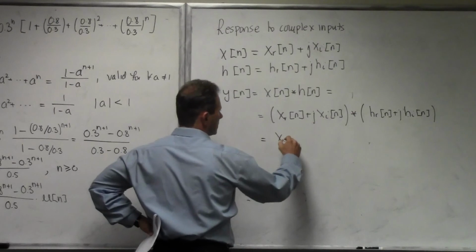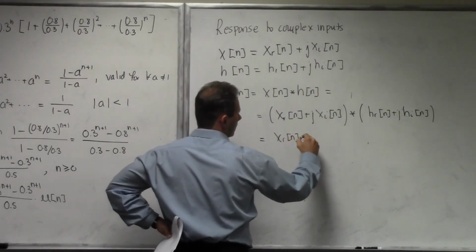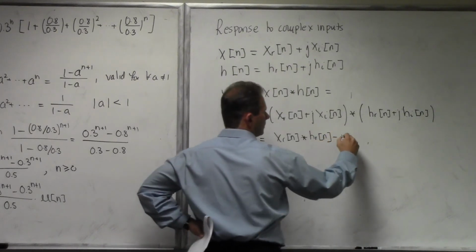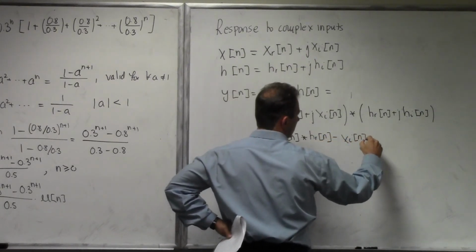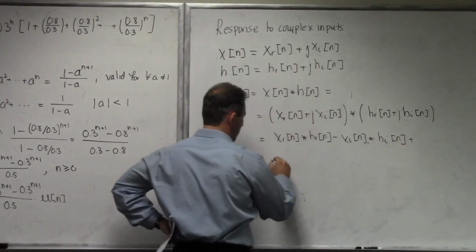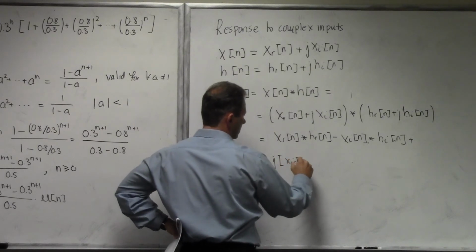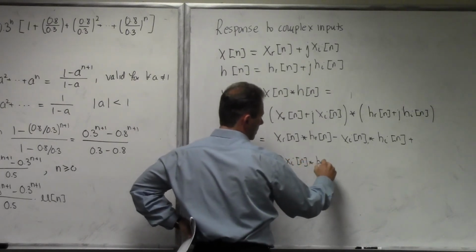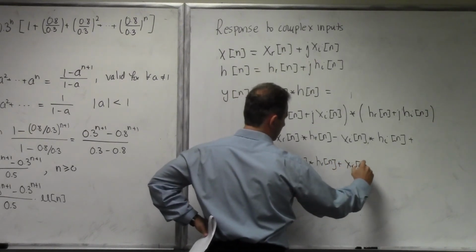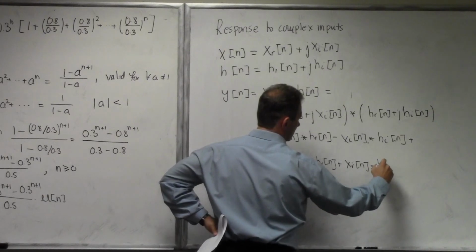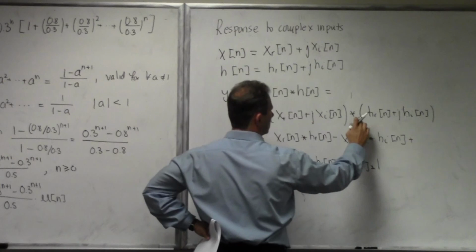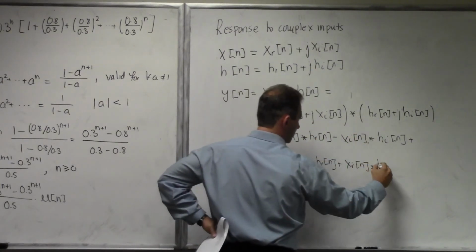So you end up with xr of n convolved with hr of n, minus xi of n convolved with hi of n, and then plus j xi of n convolved with hr of n, and then plus xr of n convolved with hi of n. I goes with r, and then r goes with i.